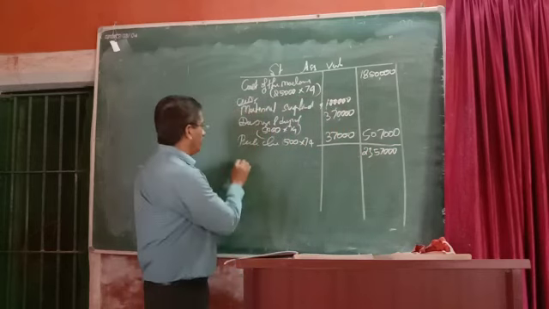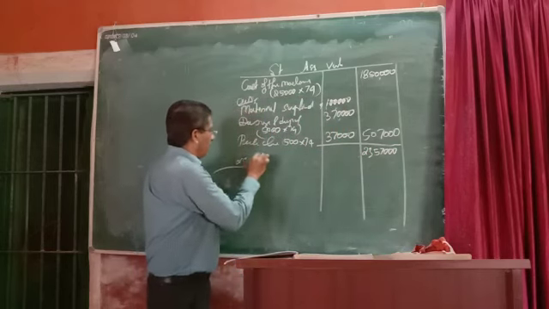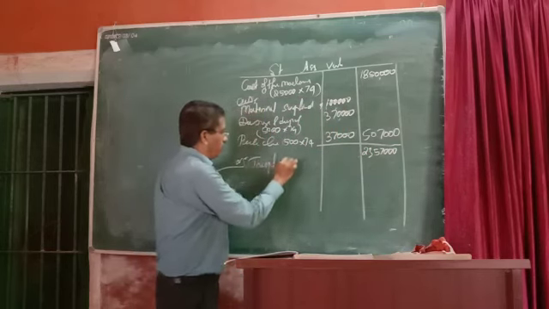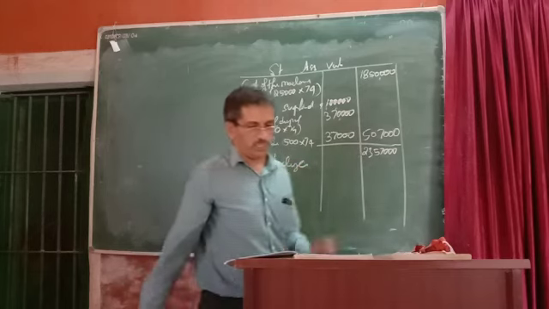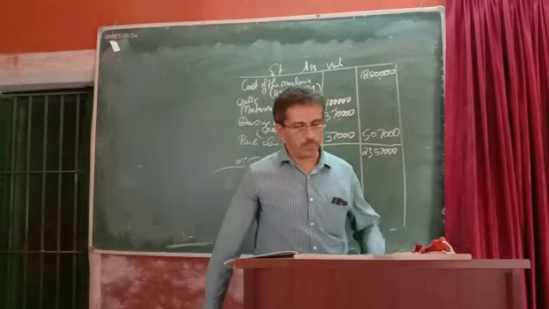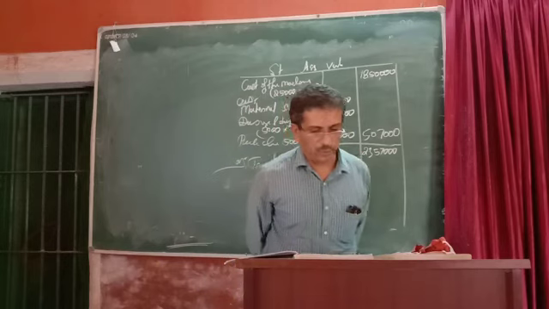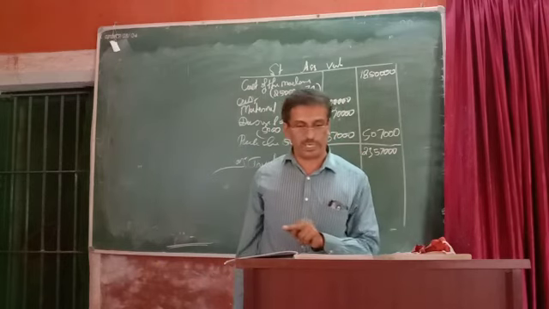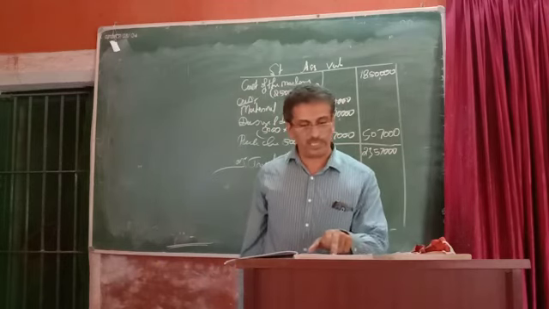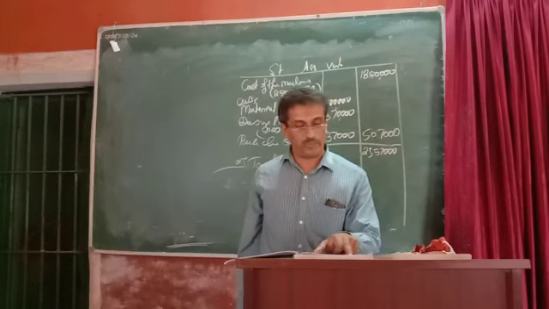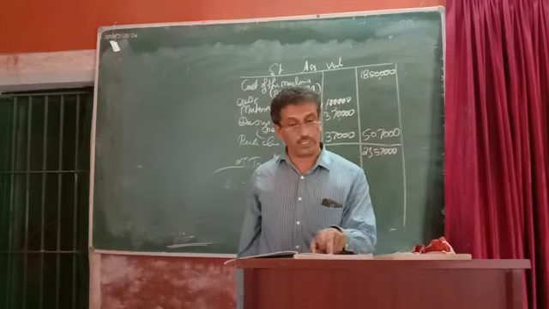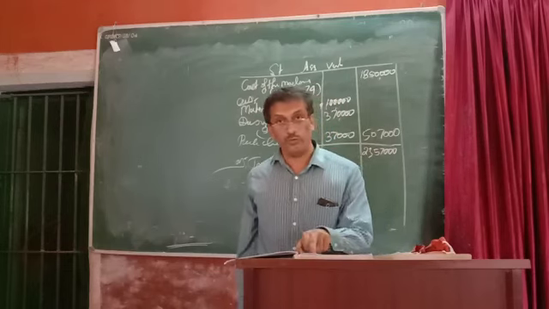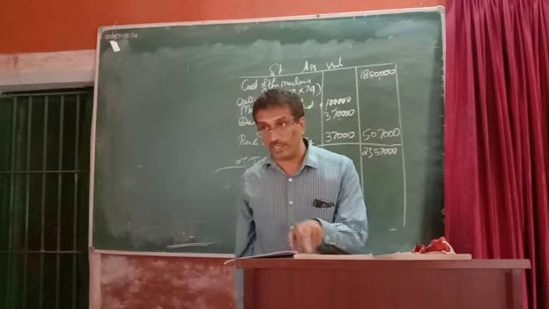For this, we are supposed to add transportation charge. What is the transportation charge here? It is 1,000 euros. There are two transportation charges here. Transportation charges 1,000 euros. Second one, transportation insurance charges from port to the factory. That should not be taken.